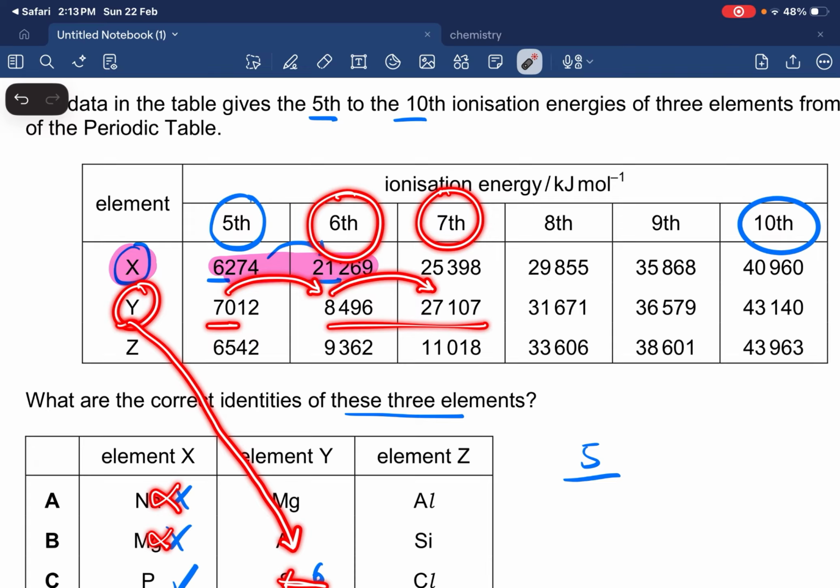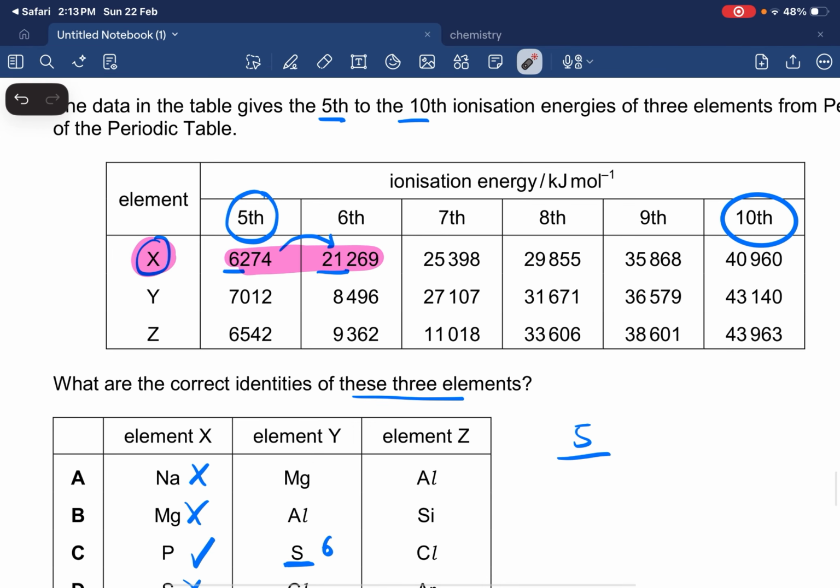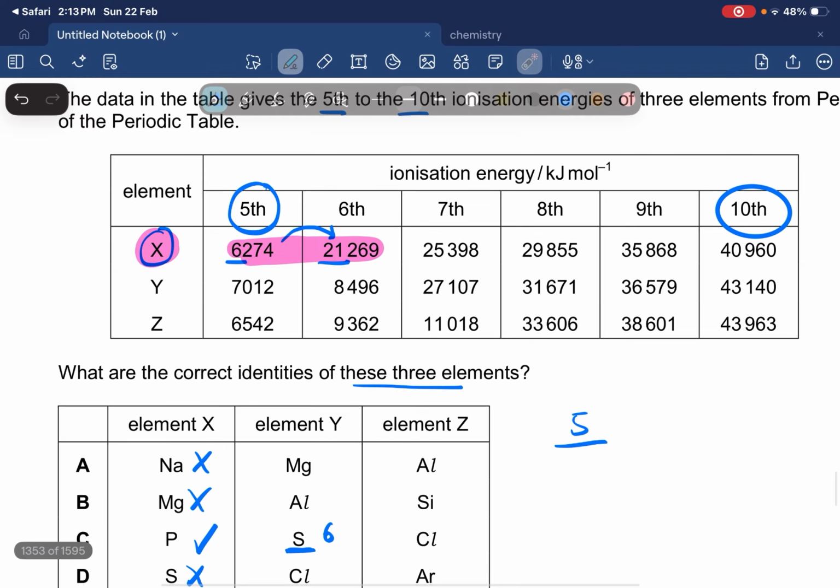It's a big jump. So this is the biggest jump. So definitely it's in group 6, and it's going to be sulfur. And for chlorine, you're going to expect a big jump from the 7th to 8th ionization energies, because chlorine is in group 7. That means the last shell has 7 electrons, and the 8th electron is going to be taken out from an inner shell.